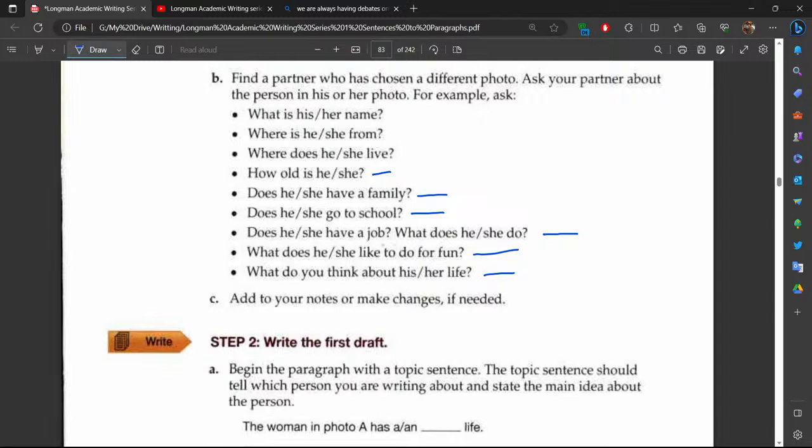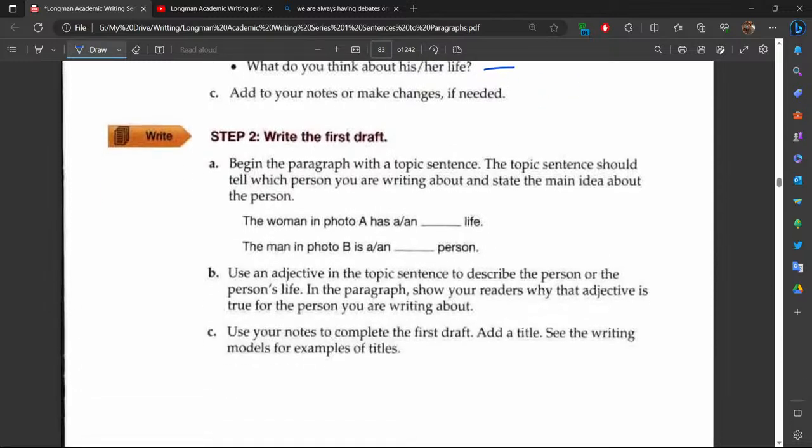Write the first draft. Begin the paragraph with a topic sentence. The topic sentence should tell which person you are writing about and state the main idea about the person.